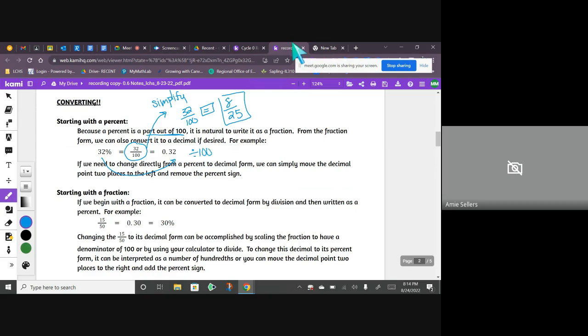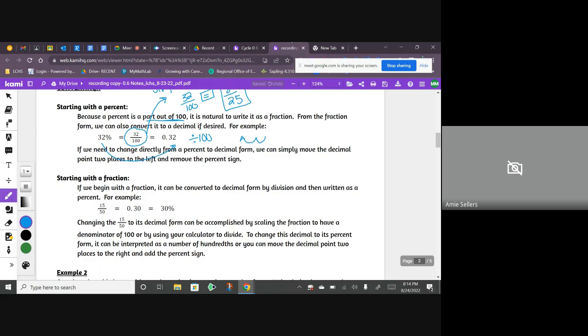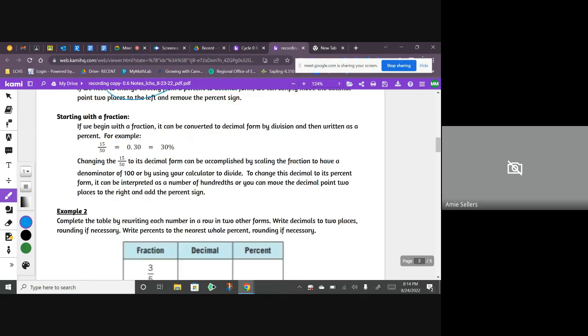You can also think of it as moving the decimal 2 places to the left. Sorry, I said right earlier; moving it to the right would be converting from a decimal to a percent. Or you can also just think of it as dividing by 100. Either way works.